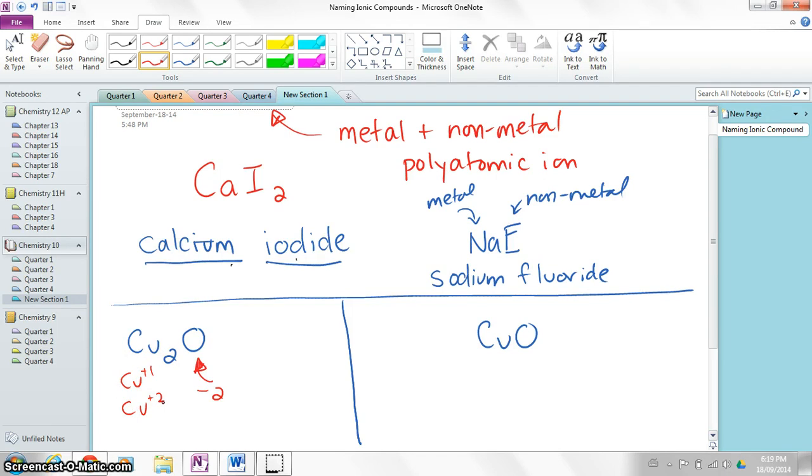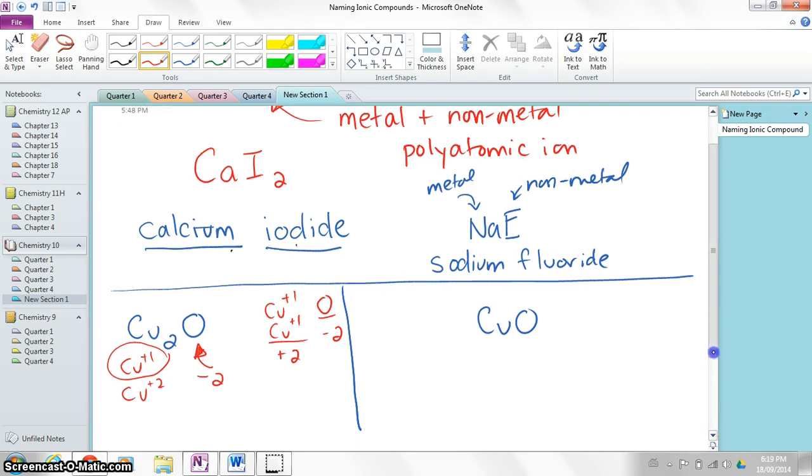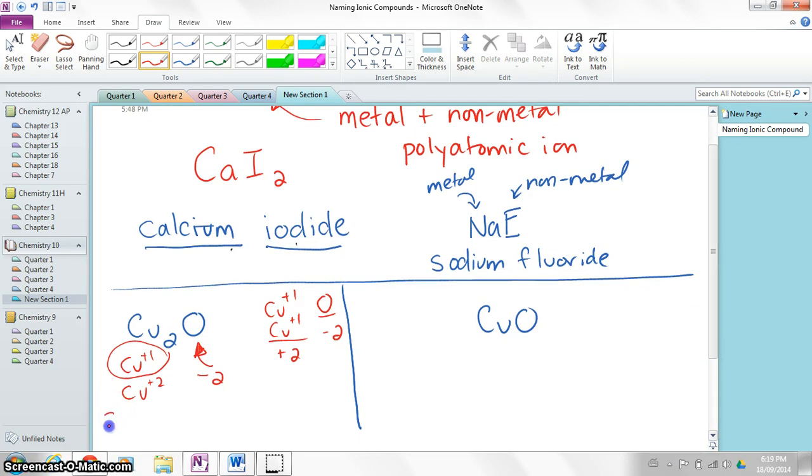But since we have two coppers, I would choose the copper +1, because two copper +1s will make a net positive charge of +2, which will balance out my one oxygen, which has a charge of -2. So the name of this compound would be copper 1 oxide.